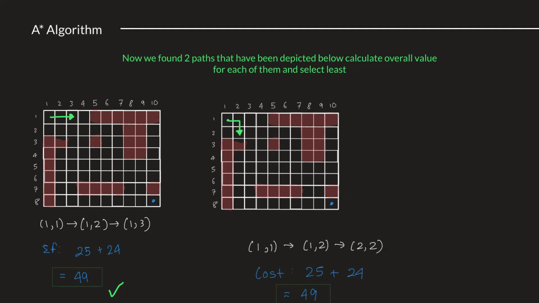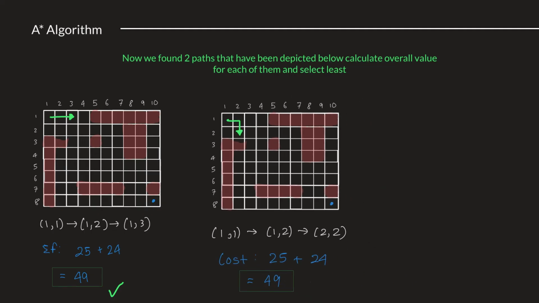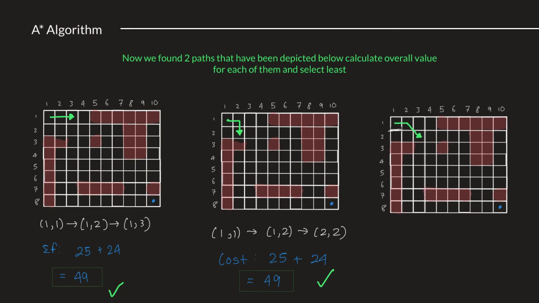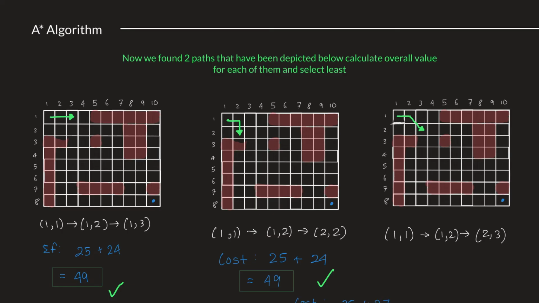This is if we were to go down after going to the second node. The cost of going from 1 comma 2, which is from here to here, was also 24. And since the total f cost is still the same, we could have taken either of these two paths. But if we were to go down diagonally instead, like this, taking this path, the total f cost would be 52.